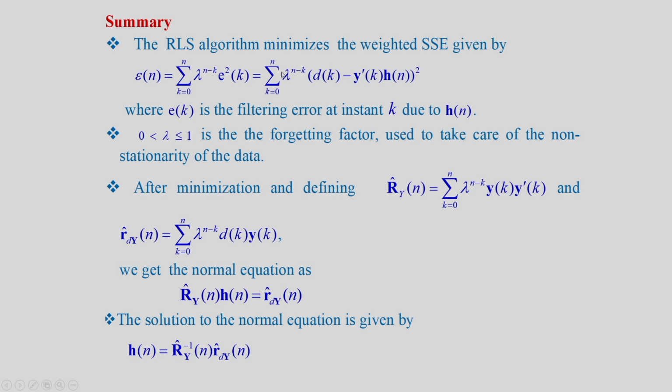This is equal to summation lambda to the power n minus k into dk minus yk transpose into hn, whole square, k going from 0 to n, where ek is the filtering error at instant k due to the filter at instant n. This is a very important observation, because you have to use the filter at instant n to filter all the previous data.